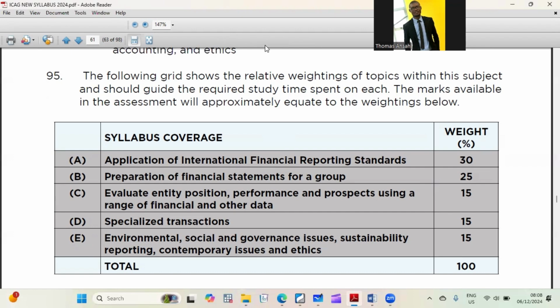But in level 2, the whole focus of financial reporting is your ability to calculate and prepare the financial statements. Here, if you check the financial reporting content, you'll be preparing financial statements for a consolidated entity. You'll also be preparing financial statements for a single entity. So it's all about financial statements.